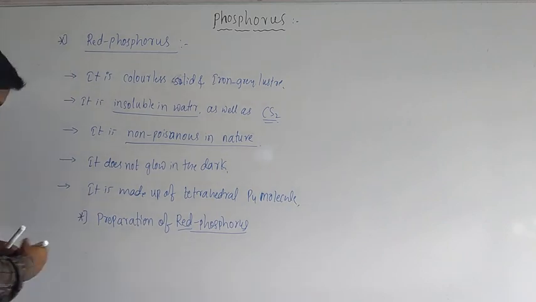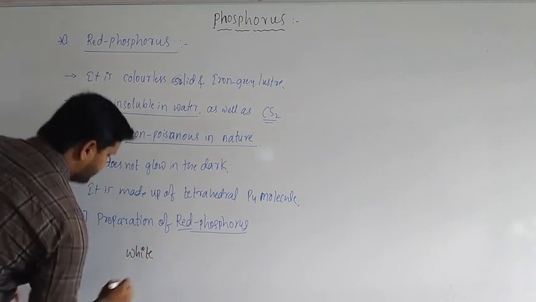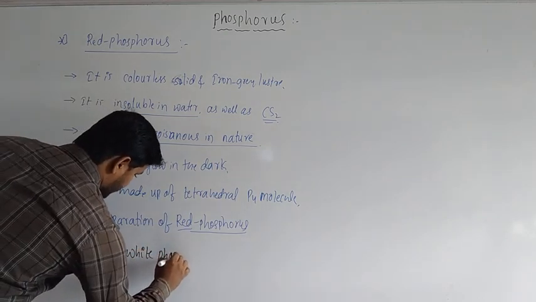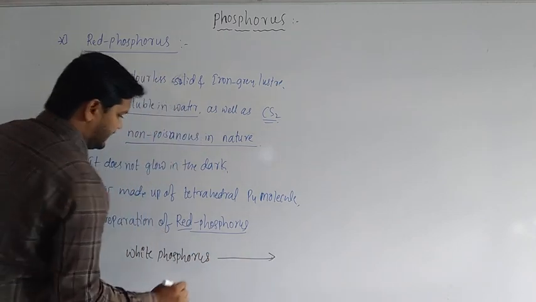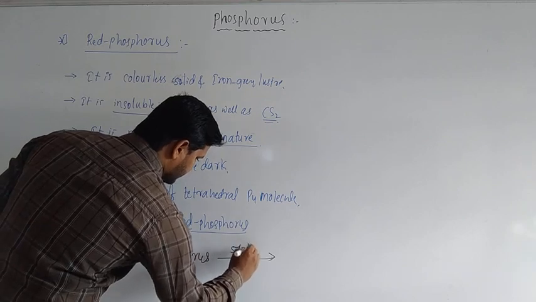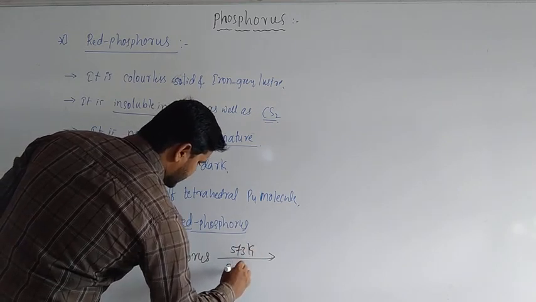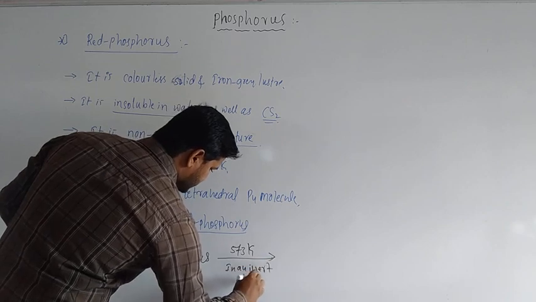It gives red phosphorus. It is obtained by heating white phosphorus at 573 Kelvin temperature in an inert atmosphere.